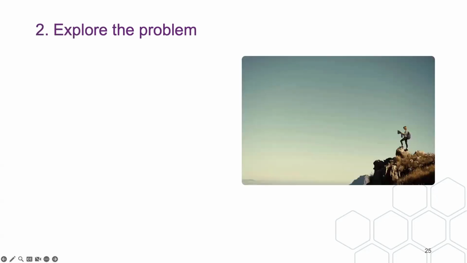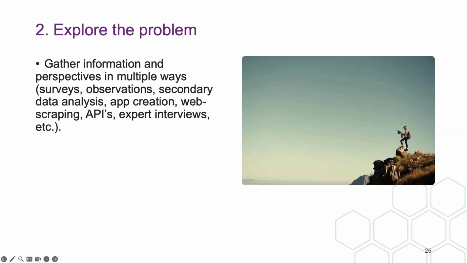And the next step is going to involve exploring the problem. This is where you'll gather information and perspectives in multiple ways. So you might do some preliminary surveys, observations, secondary data analysis, web scraping, accessing APIs. It might also involve conducting a few interviews with people of interest.